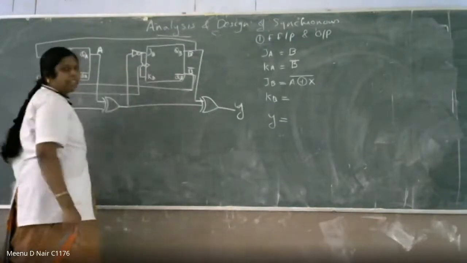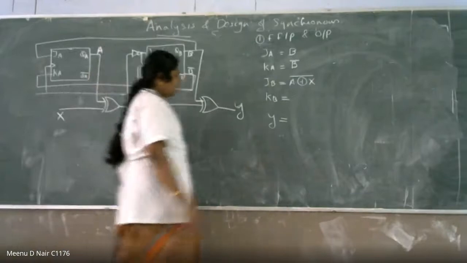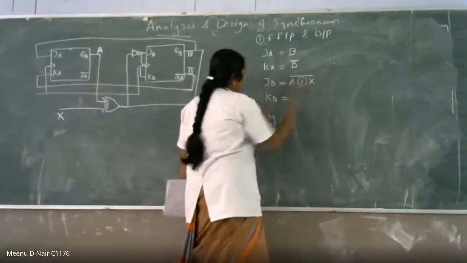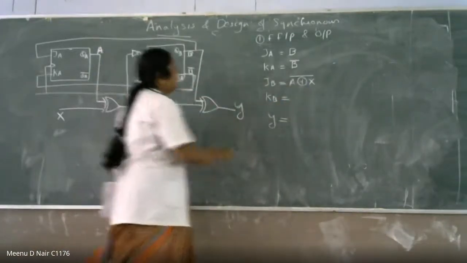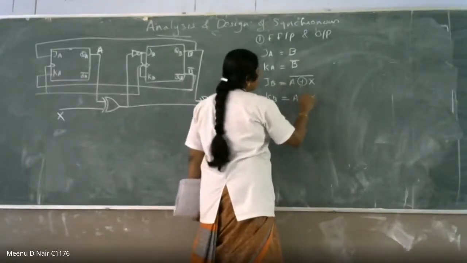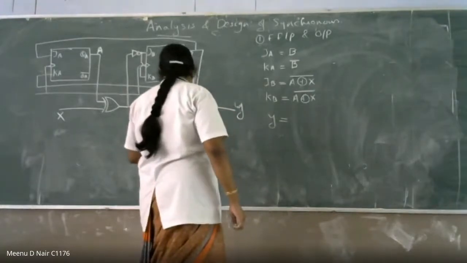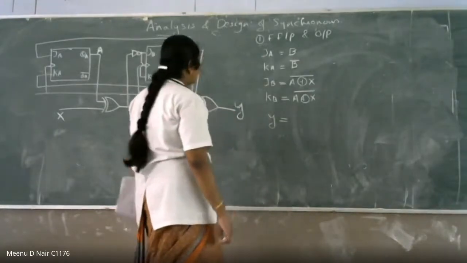Then what about KB? KB is also the same. KB is also equal to A XOR X whole bar.